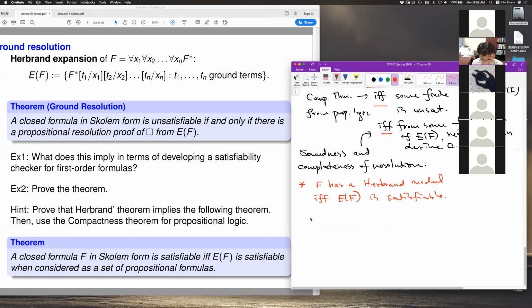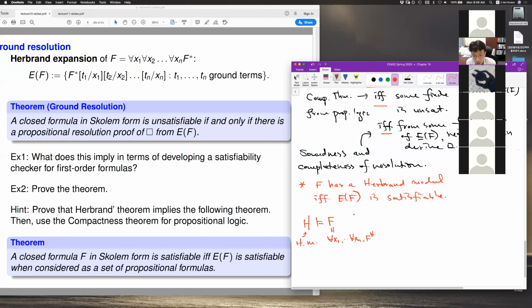Okay, so why is this the case? Suppose that we have a Herbrand model H, and suppose that this H satisfies F. But then F is of the form for all X1 ... Xn, F star.